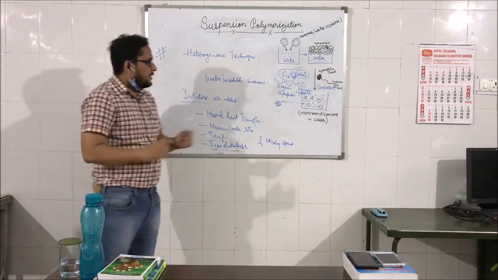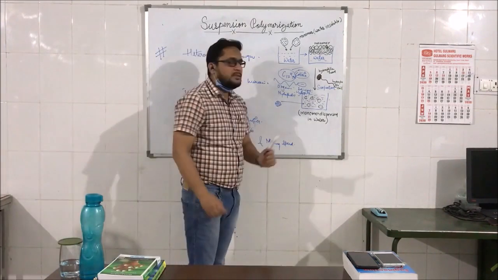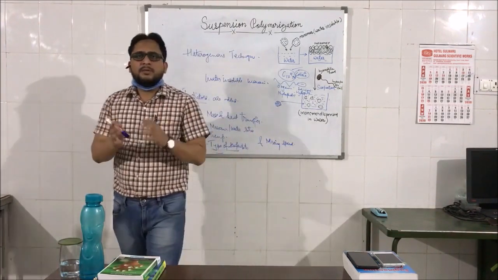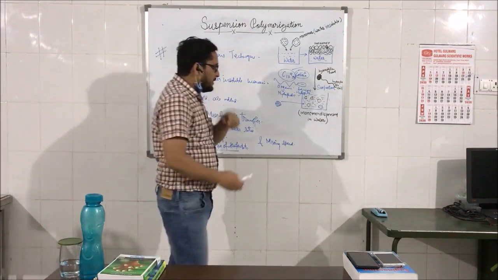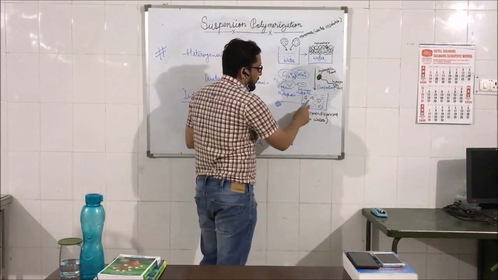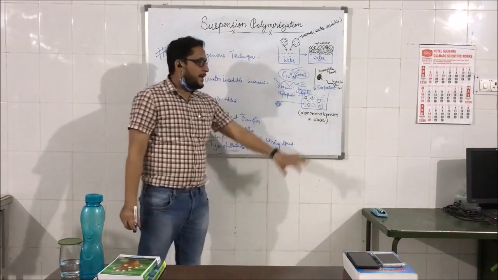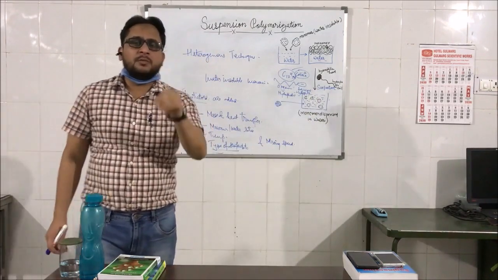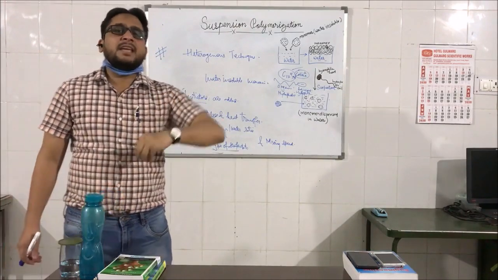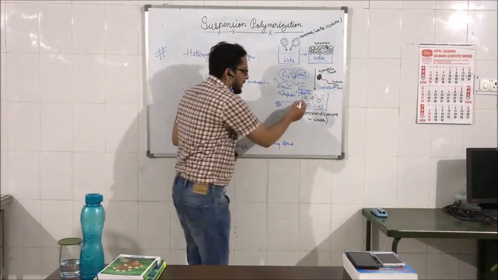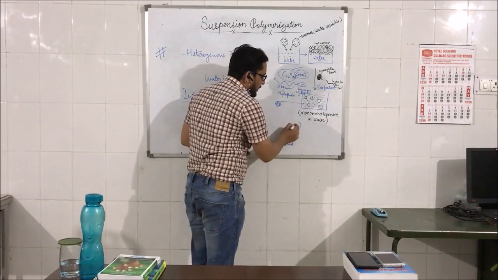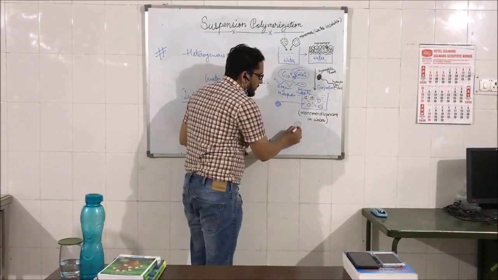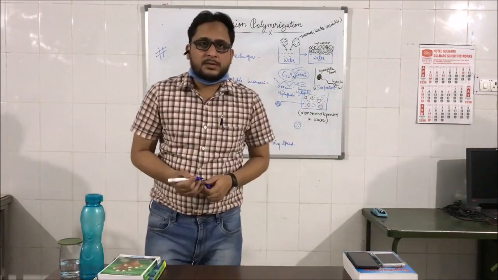I was telling you, when initiators are added, since they are soluble in water, they immediately reach the surface of the monomer droplets, and now each individual monomer droplet behaves like a bulk system, because in each drop of monomer there are millions of molecules.